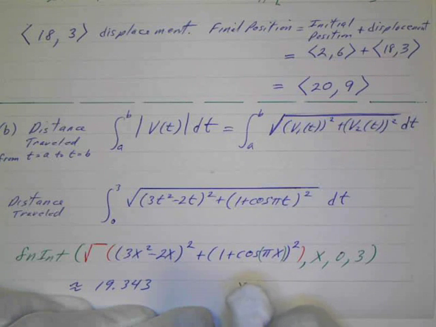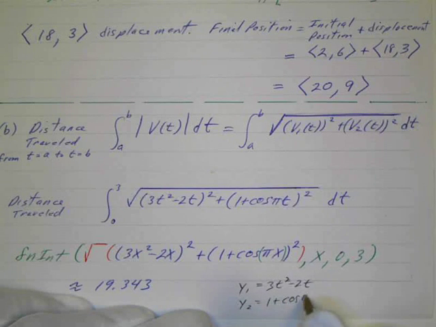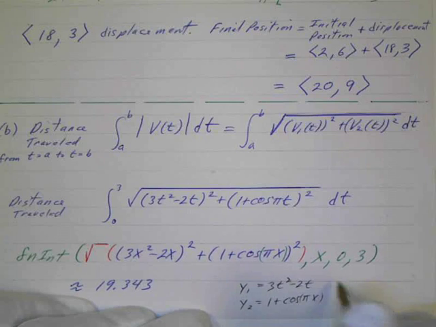I'd say y1 equals 3t squared minus 2t. And y2, I would probably say that's equal to just the cosine of x. And then when I did this, I would just use fnInt.